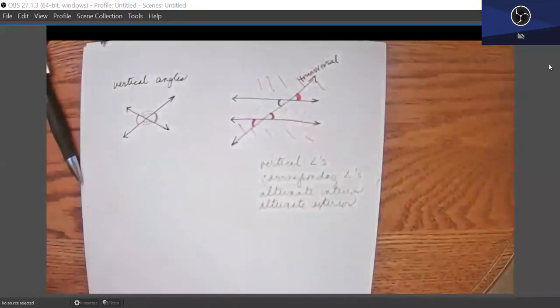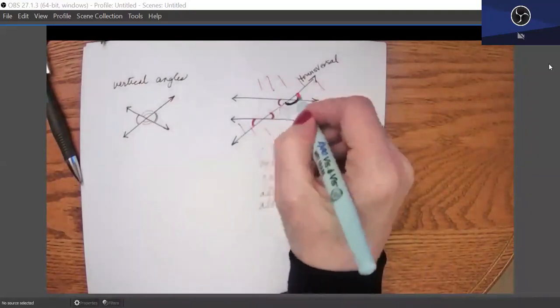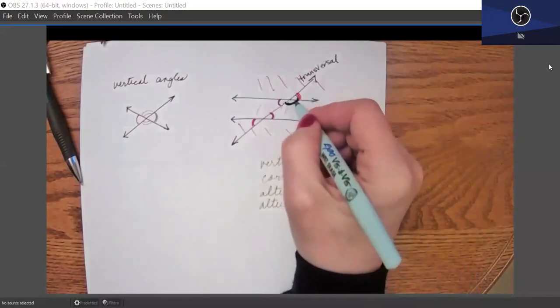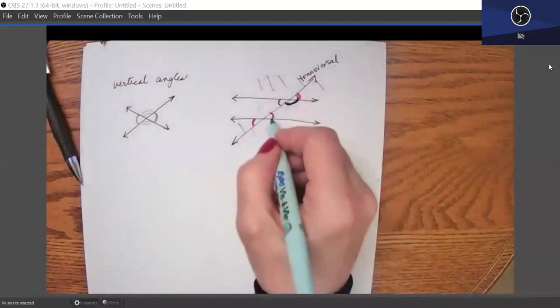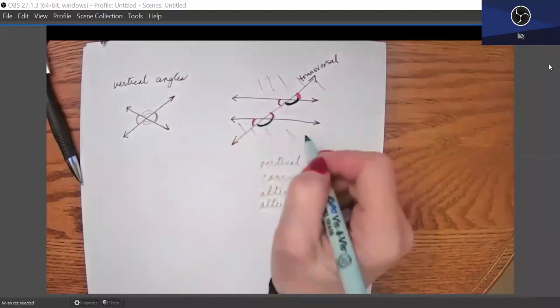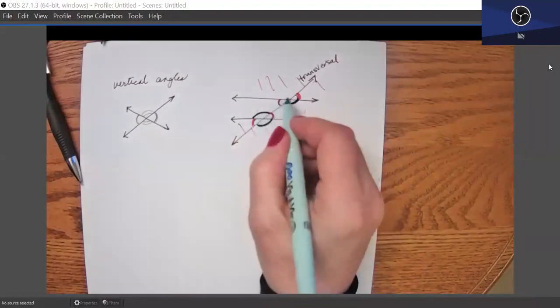Of course, since these are straight lines, this angle and this angle are supplementary. Go to the lower right, that means that these two angles are supplementary and these two angles are supplementary. Because of the vertical angles, these two angles are supplementary.